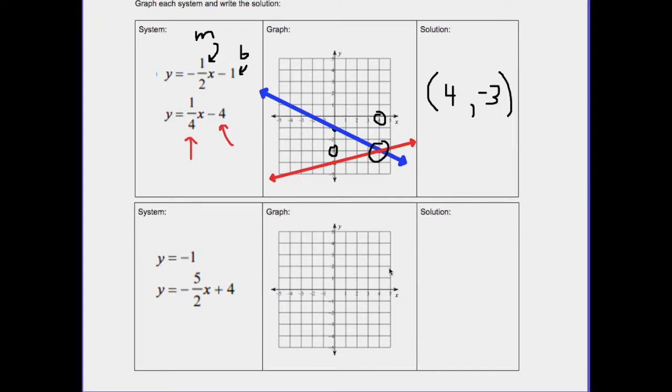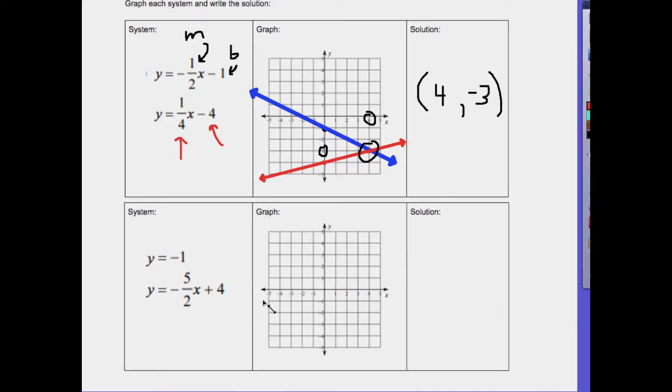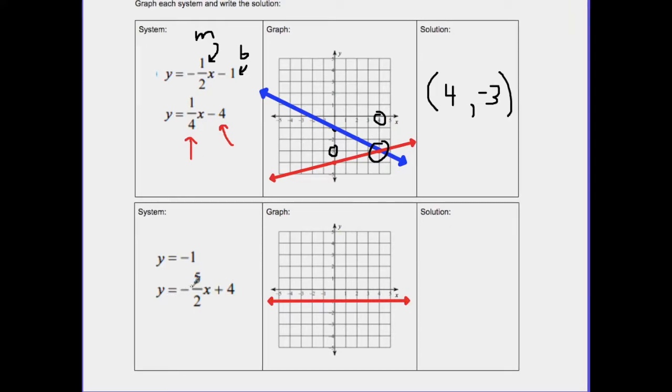Same idea with the next one. We have y equals -1, so that's going to be a horizontal line at -1. All right, and let's check out our other one. It says -5/2 x plus 4, so we start at 4. Begin with b, and then we're going to move with m down 5, 1, 2, 3, 4, 5, right 2.